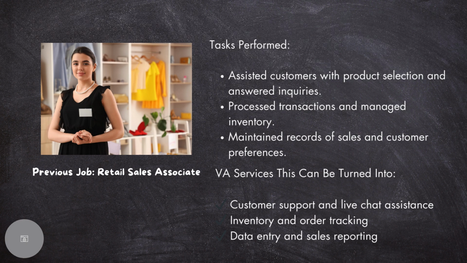The VA services that these tasks can be turned into are customer support and live chat assistance. For processing transactions and managing inventory, the service could be inventory and order tracking. And then if you did maintain records, the service can be data entry and sales reporting.